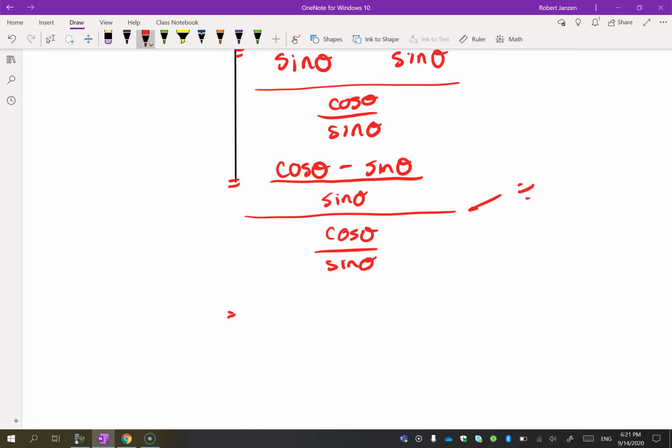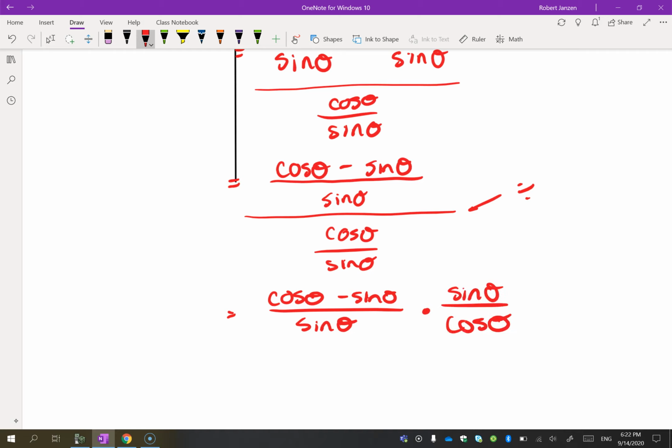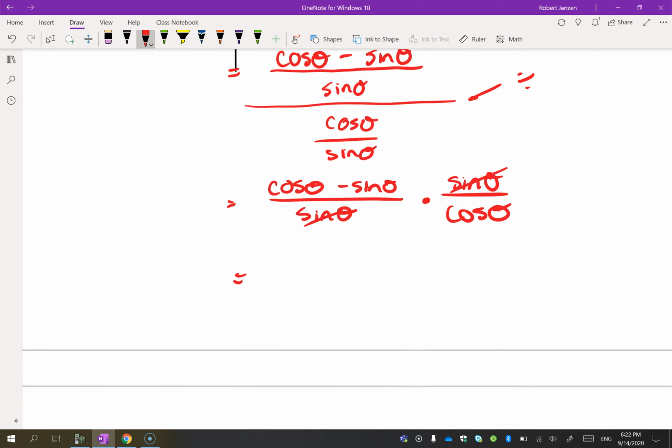So what if I rewrite this as multiplication? So here's my numerator, and then I change this to multiplication. So instead of dividing by cos over sine, I'm multiplying by sine over cos. And now this cancels, and I get cos minus sine over cos.